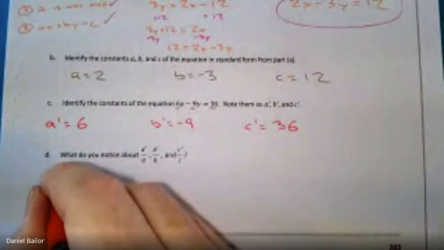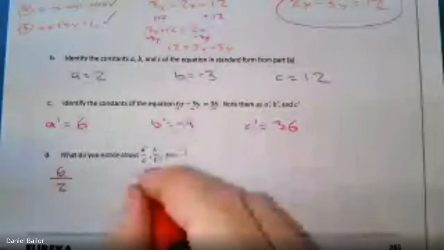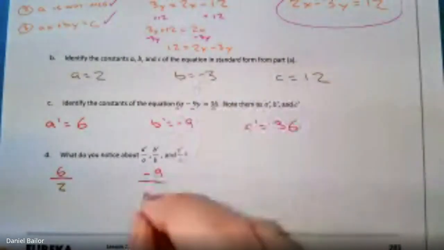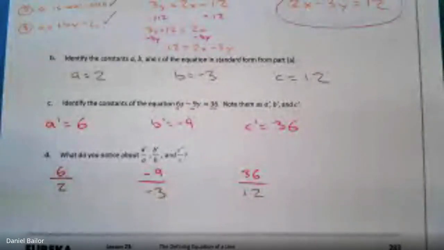So I have my constants for both equations after they were both in standard form. B prime was negative 9, and negative 3 is 12. Let me simplify these fractions. Simplify them.